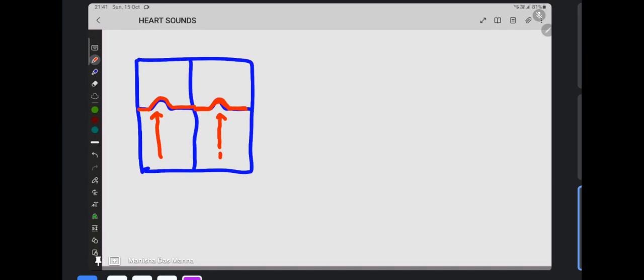The atrioventricular valves try to bulge out towards the atrial side, and then there may be a chance of leakage of the blood.